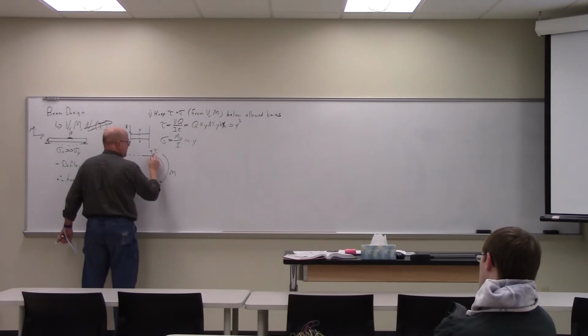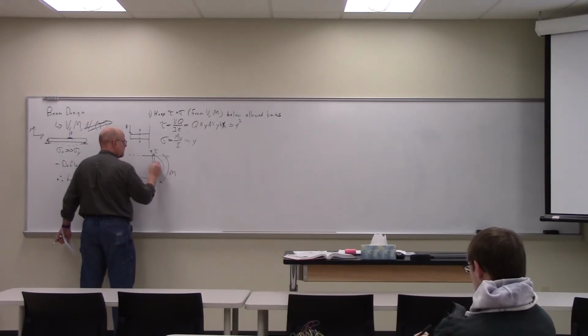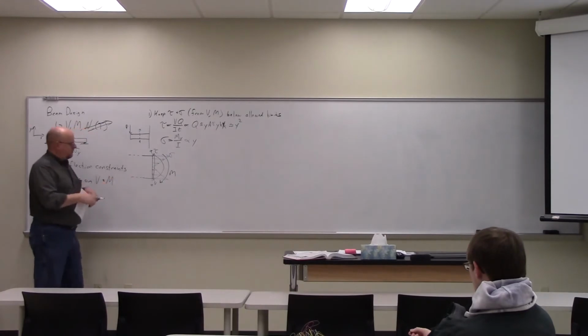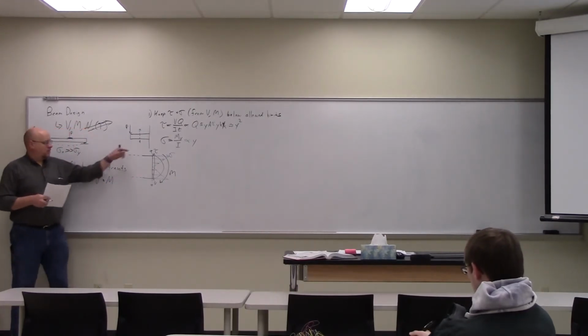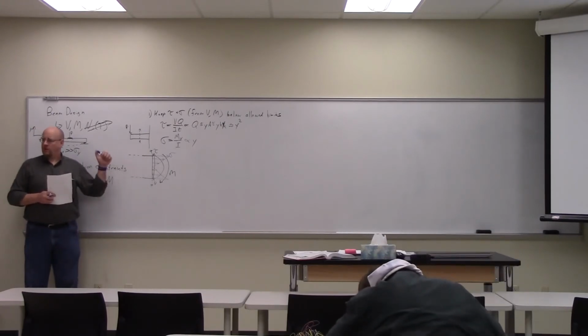So I'm going to end up with a tensile load here, a compressive load there, and all of my sigmas look like that. Sigma is a linear function of Y position, and zero at the center, because Y is zero at the center, because it's defined relative to the neutral axis. Does that make sense to everybody?